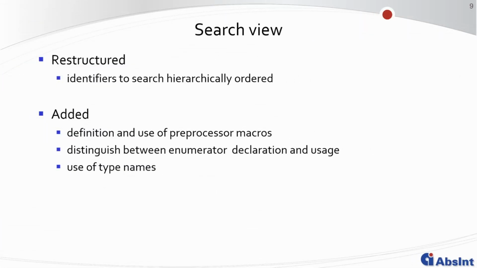Now, looking at the identifier search, you will see that we restructured it to a hierarchical order. This leads to a fast overview on the possible search entries and a quicker workflow in this view. Additionally, we enhanced the search possibilities.